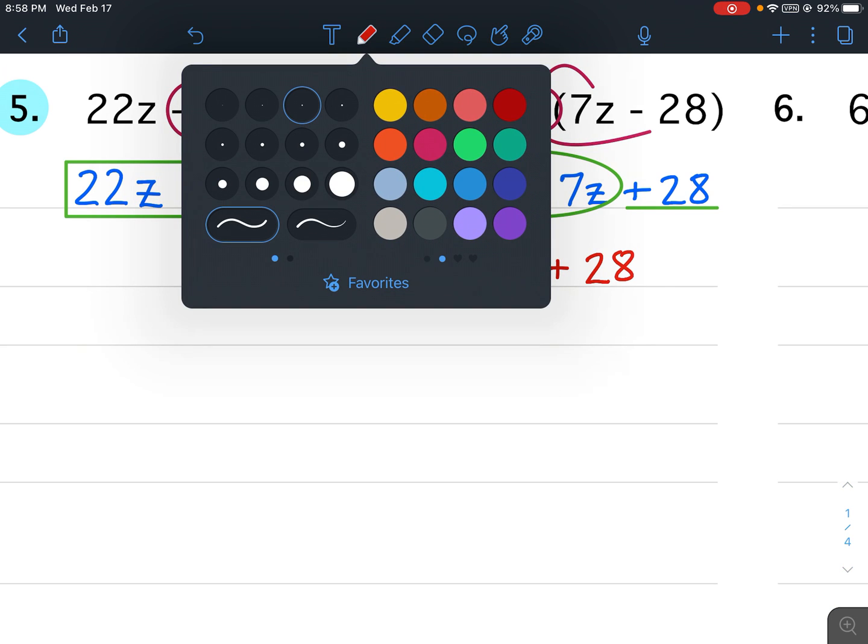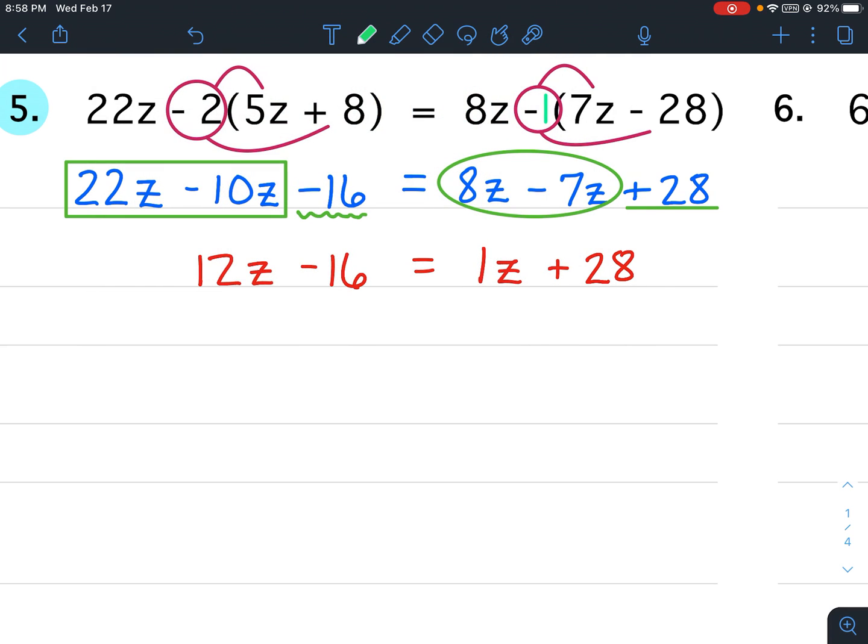For step 3, we want to get our variable terms to one side, our constant terms to the other. So first, I'm going to take the variable term to the left. It's a positive 1z, so the inverse would be to make it a negative 1z.